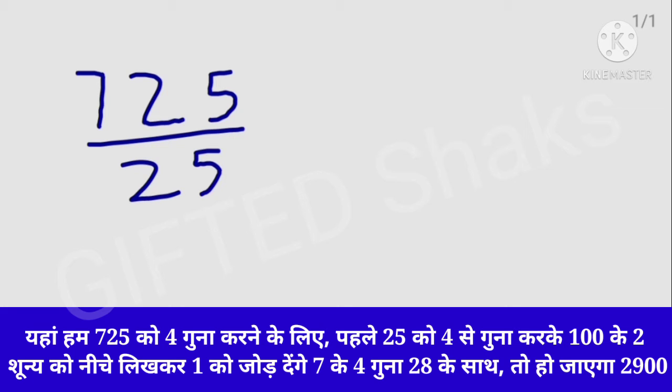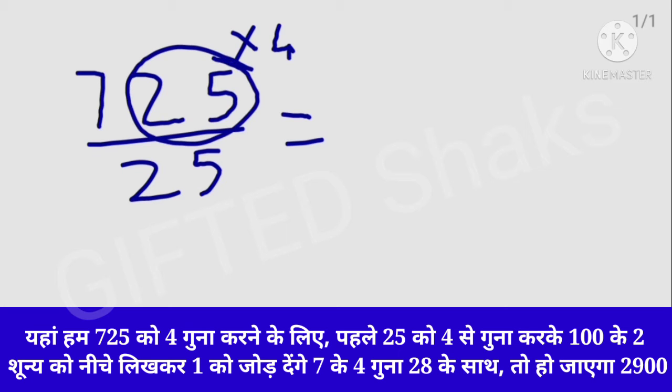Here I have 725 divided by 25. Now when I multiply 725 by 4, how will I go? I know 25 times 4 is 100. So I put these two zeros here and I have this one carry. Now 4 sevens are 28 and 1 is 29.